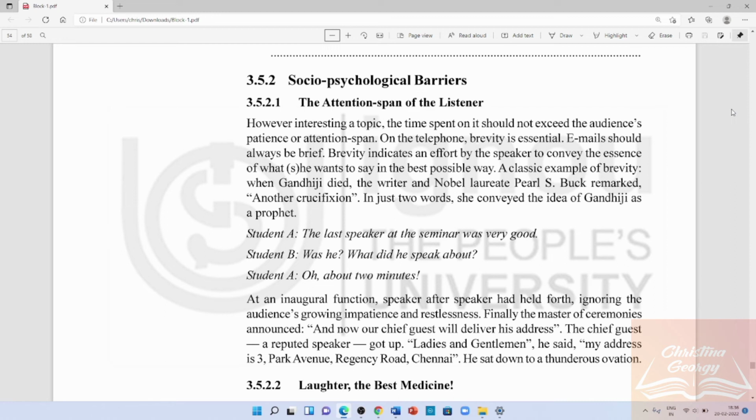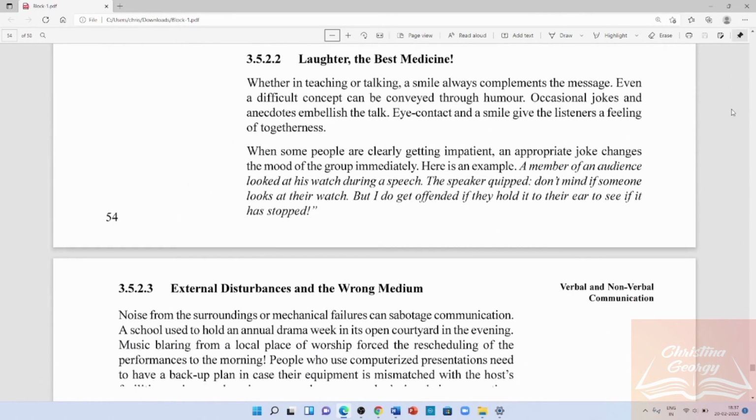Remember that however interesting a topic may be, the time spent on it should not exceed the audience's patience or attention span. On the phone also, brevity is very essential. Emails, especially the formal email, should be as brief and crisp as possible. This is the very reason why we give specific time limits for each of our sessions as well.